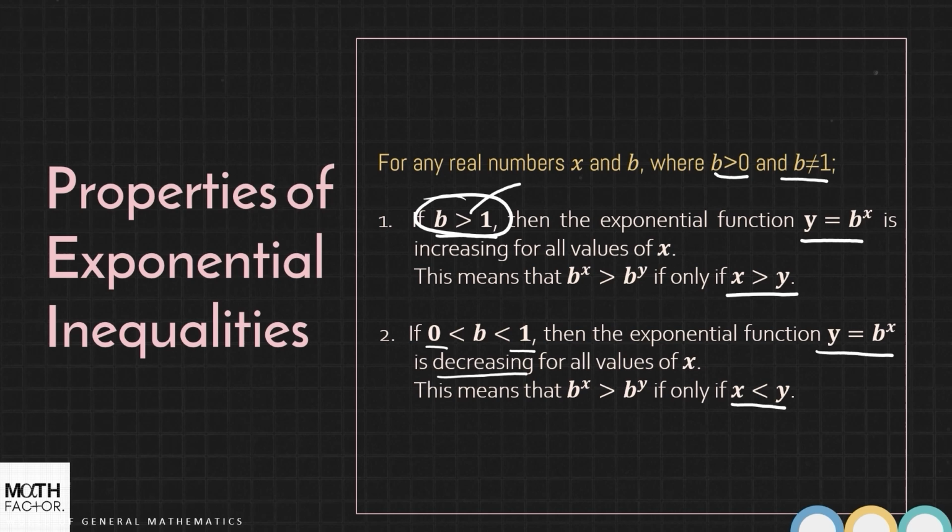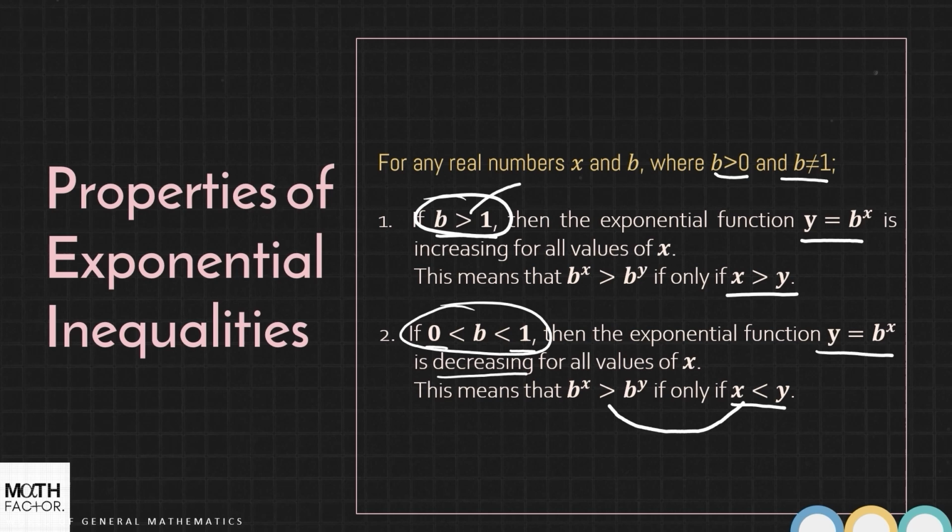So what have you noticed in this property? If the base is greater than 0 but less than 1, pagitan ng 0 and 1, yung direction nito reverses or will reverse when applying the logarithms or exponentiation.